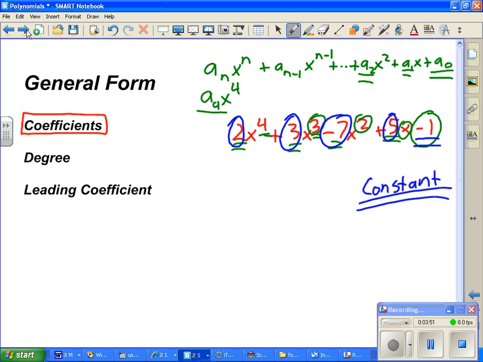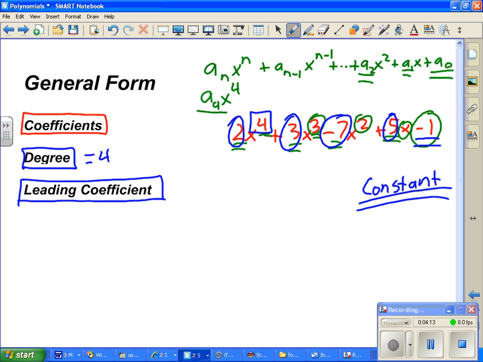The degree of a polynomial is your highest power. So in this case, our degree is 4, because the highest power I have is x to the fourth. Okay? Hopefully that makes sense. The leading coefficient obviously is the coefficient that goes with the variable to the highest power.